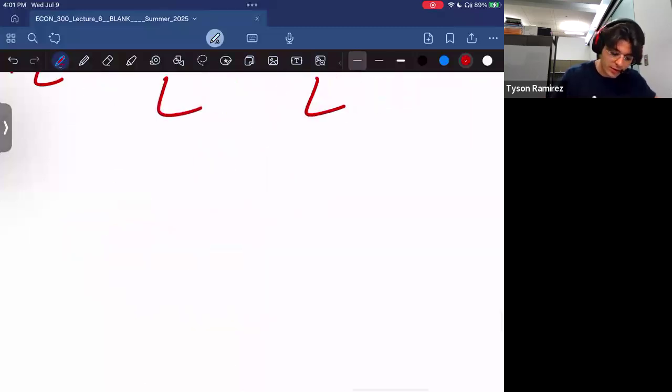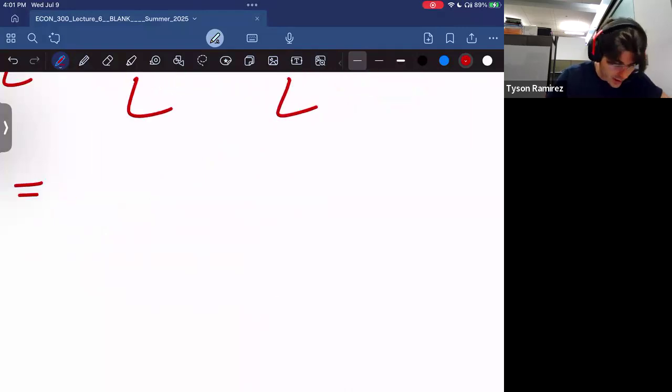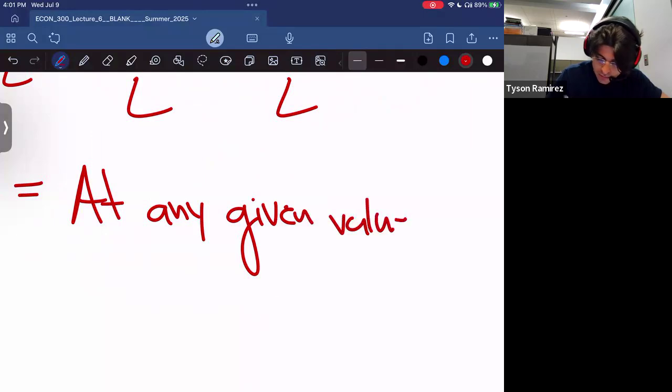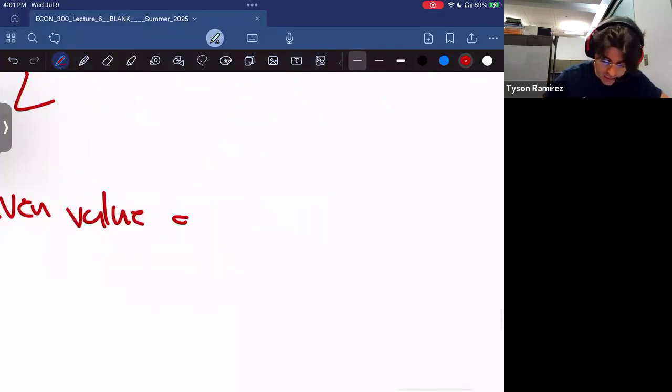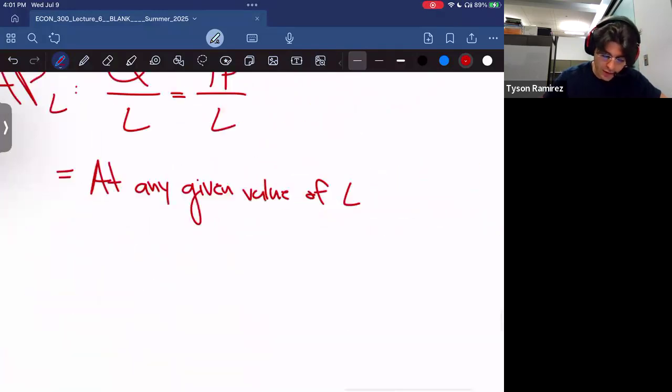The average product of labor, a nice, neat geometric result, is that at any given value of L. So here I've chosen L naught or L star.